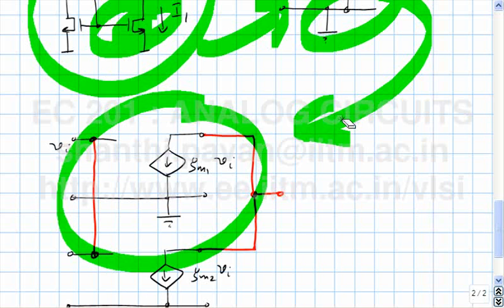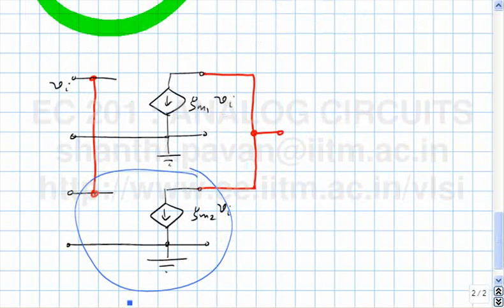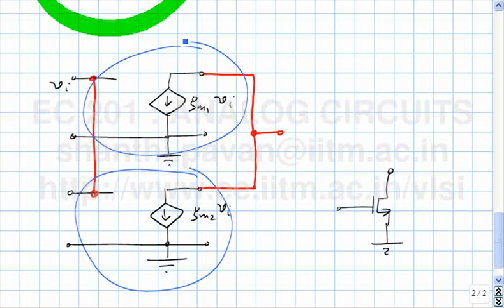Now let's see what happens. So this can be identified with a transistor operating in saturation. So I will identify this with an NMOS transistor. This can also be identified by a transistor operating in saturation, and we know that whether you have an NMOS transistor in saturation or a PMOS transistor in saturation, they have the same incremental equivalent.